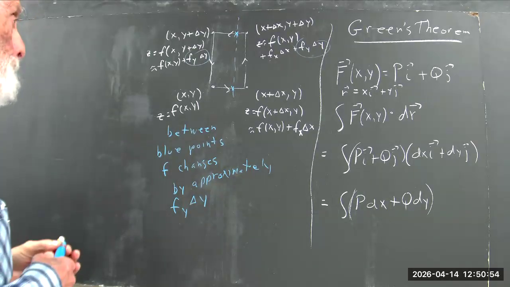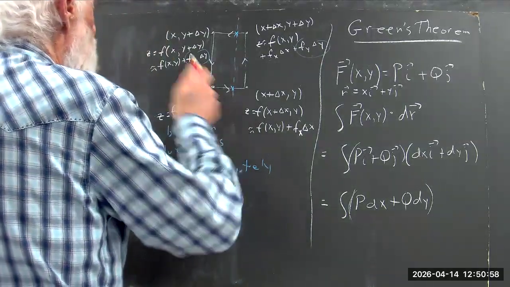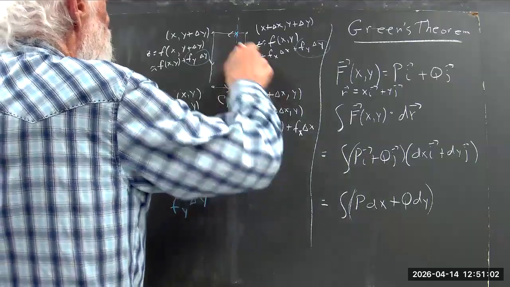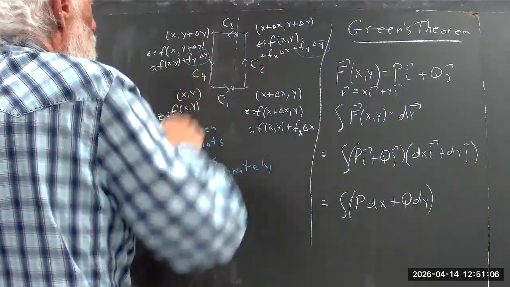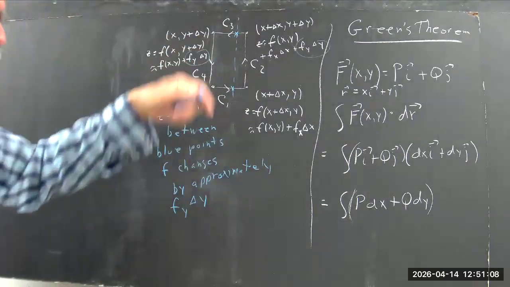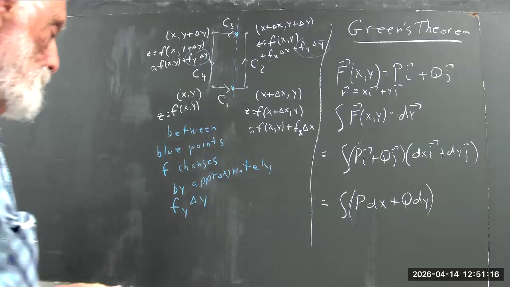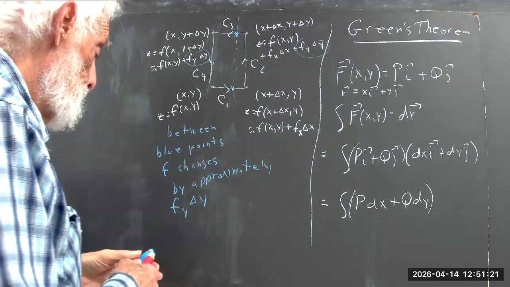Now I can write that out. I could call this path, I think your book uses C1, C2, C3, and C4 for the four segments that make up the closed path. Okay.